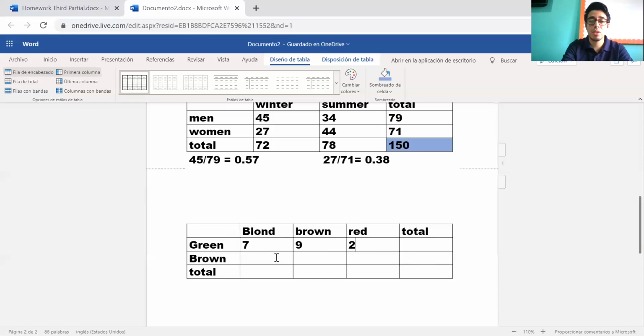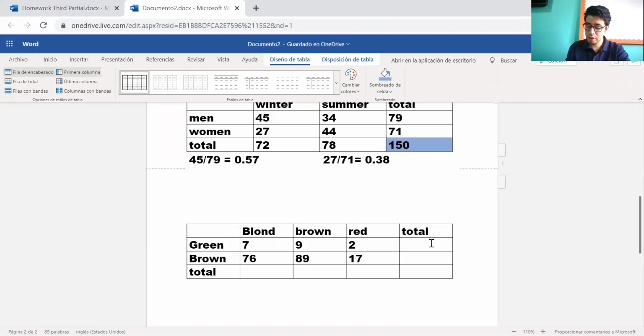Can you see the information the exercise is giving you? You only draw the table and complete it with the facts you have. In the other part, of those who had brown eyes, 76 had blonde hair, 89 had brown hair, and only 17 had red hair.